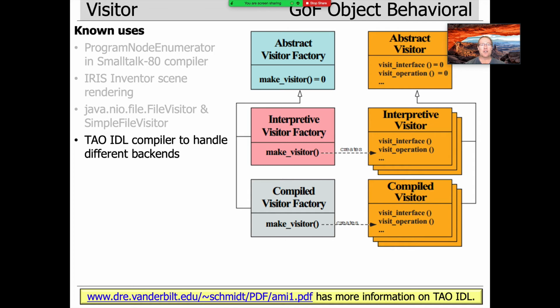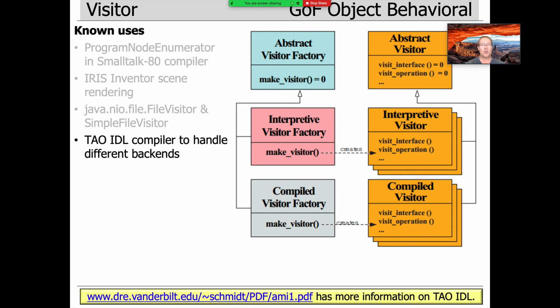And to do this, we basically have a compiler that parses the IDL files, builds an internal syntax tree, and then it uses the visitor pattern to walk through the nodes in the tree, printing out the elements as it goes, or generating the code as it goes.